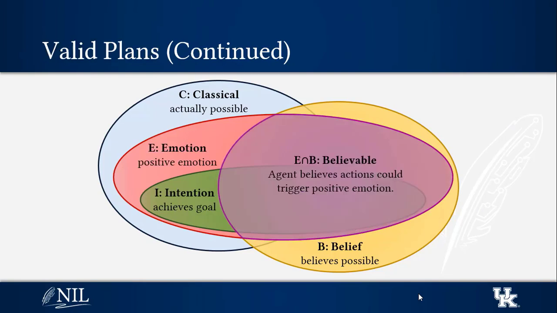Based on our new definition of a valid plan, we believe that this subset represents the set of all possible valid plans, where the agent believes the actions could trigger a positive emotion for them. An example story that was not possible with our previous definition is where Tom goes to the town and buys a sword. As I mentioned, this plan decreases Tom's utility, but it also makes him feel relief, and therefore it is considered a valid plan.